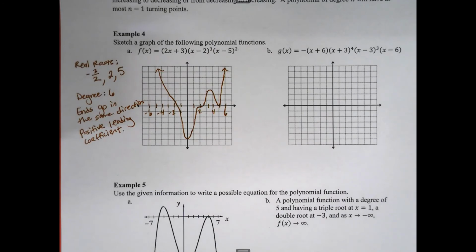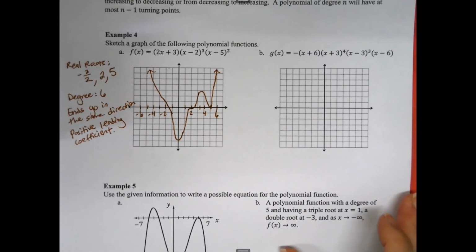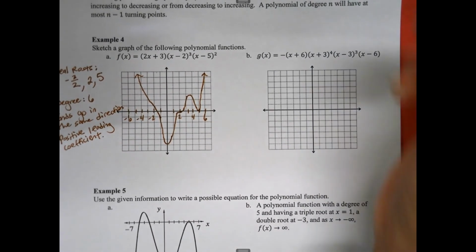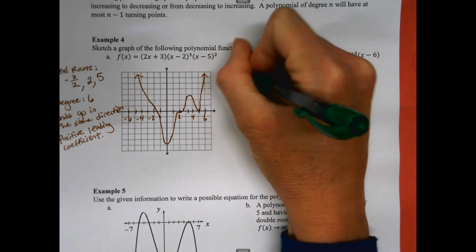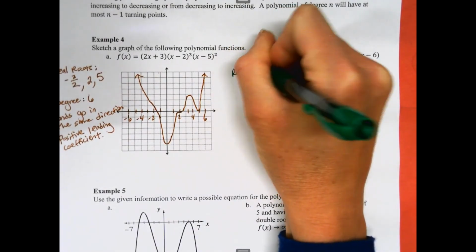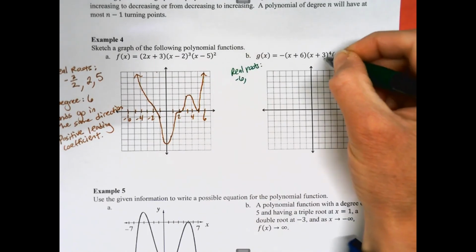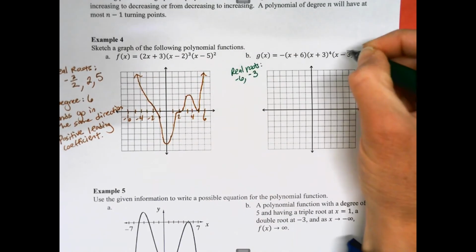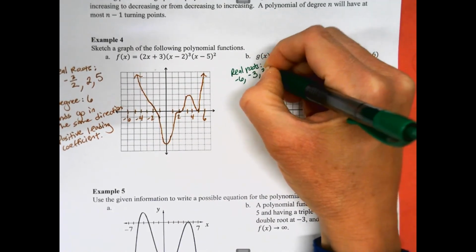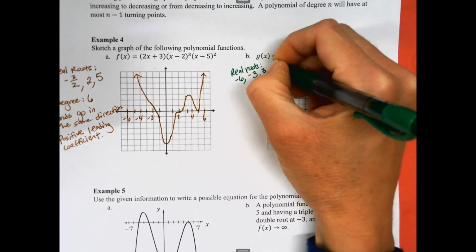Our other example here, part B, our real roots are going to be at negative 6, at negative 3, at positive 3, and at positive 6.